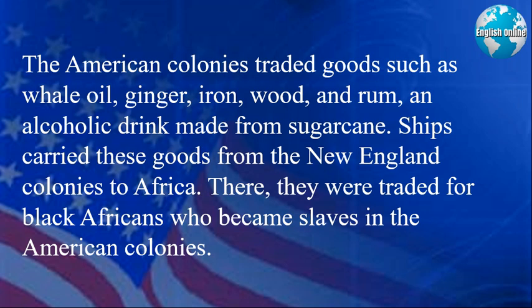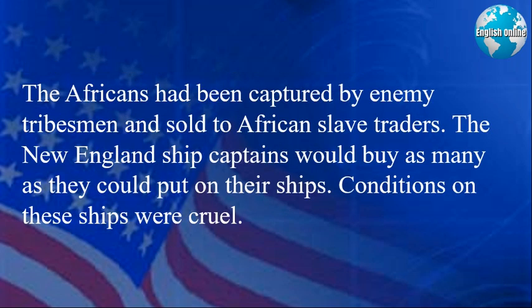There they were traded for black Africans who became slaves in the American colonies. The Africans had been captured by enemy tribesmen and sold to African slave traders. The New England ship captains would buy as many as they could put on their ships.